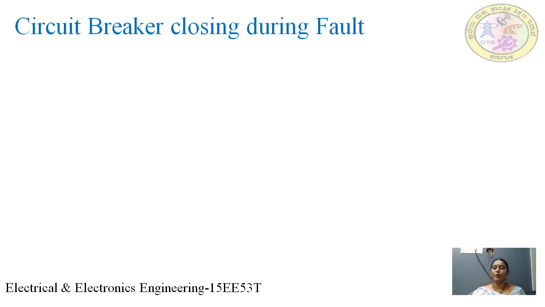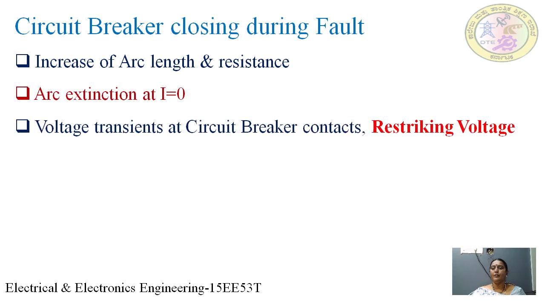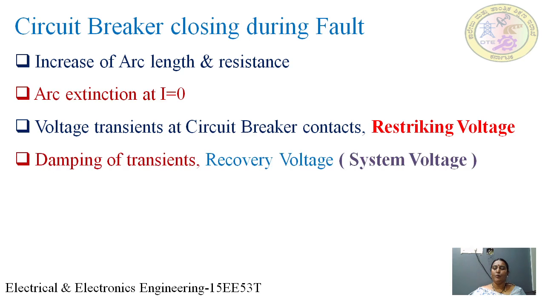Circuit breaker opening during fault continues: increase of arc length and resistance, and arc extinction at I equal to 0. And there are voltage transients at the circuit breaker contact, which is called the restriking voltage.